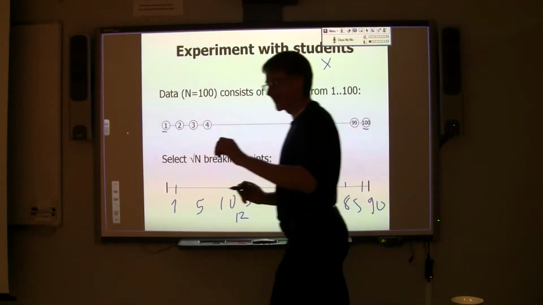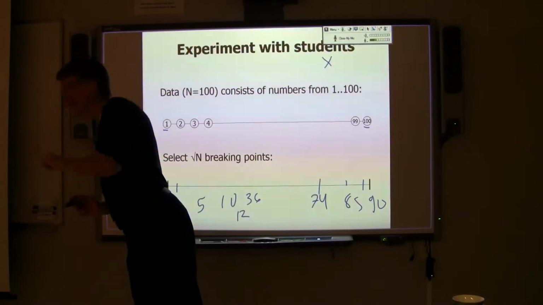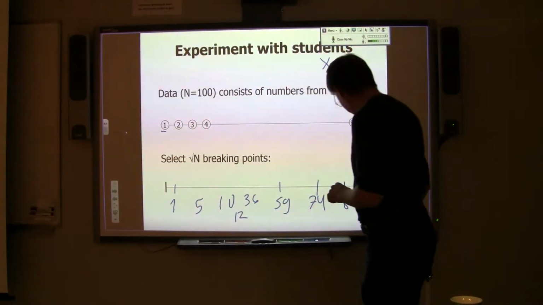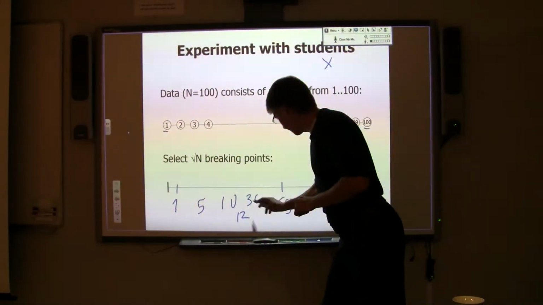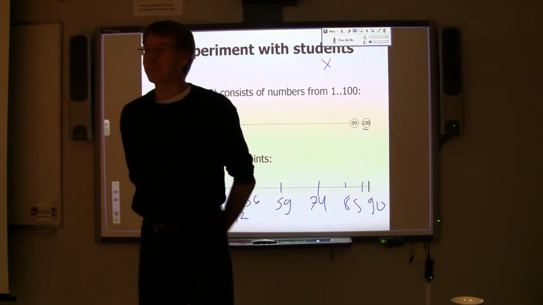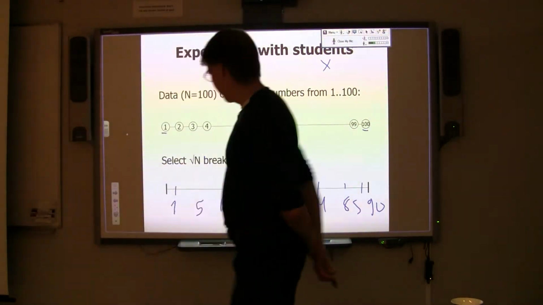Wow, I have nasty students today. 59. Do I already have 10? 1, 2, 3, 4, 5, 6, 7, 8, 9. One more. Anybody? 99.